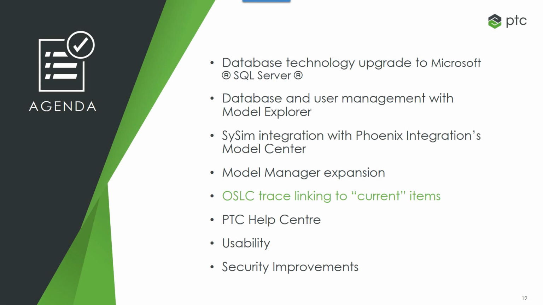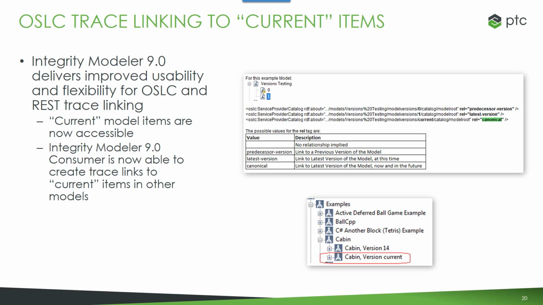The next new feature in Integrity Modeler 9.0 relates to OSLC trace linking. Integrity Modeler 9.0 delivers improved usability and flexibility for OSLC and REST-based trace linking. The OSLC and REST services now expose current model items.